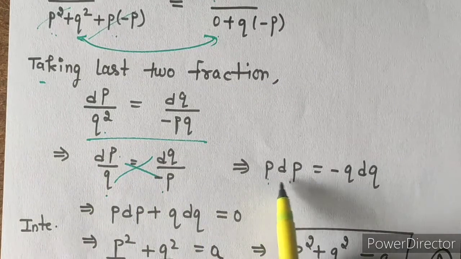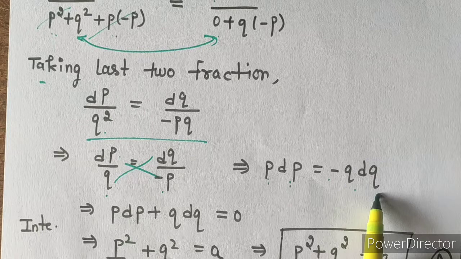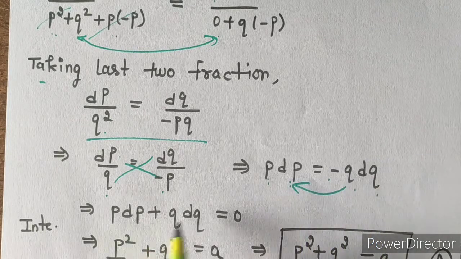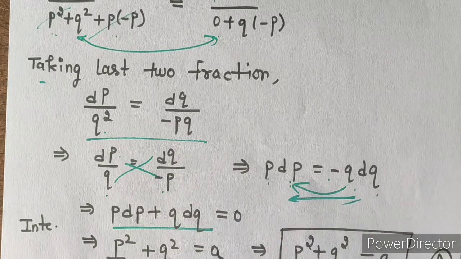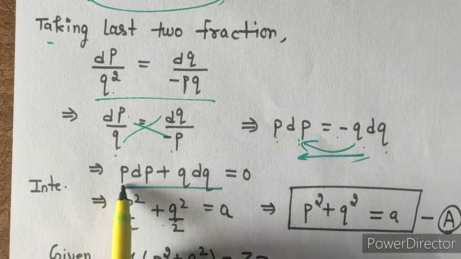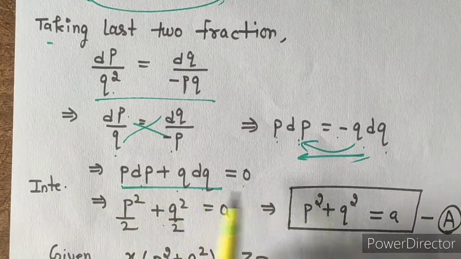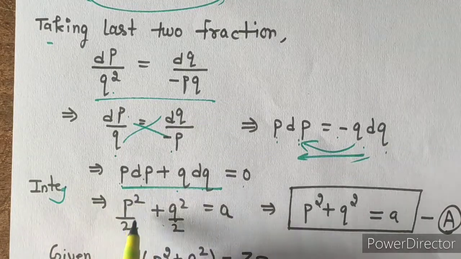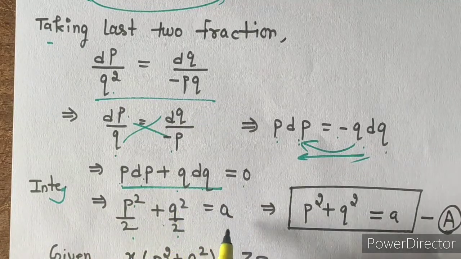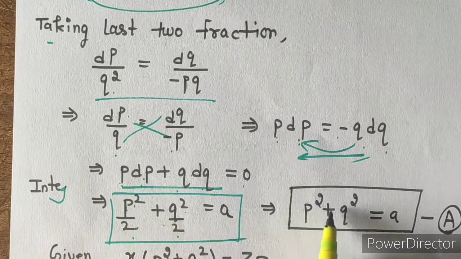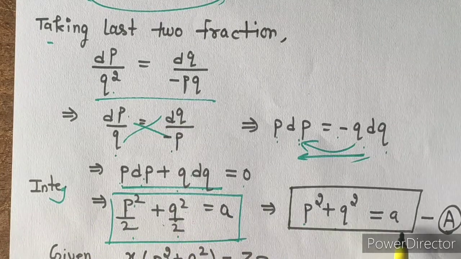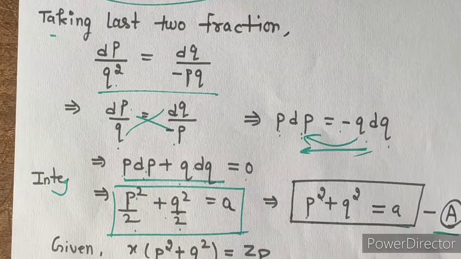Cross multiplication gives p dp equal to −q dq. Taking the right hand side to the left, p dp + q dq = 0, and integrating, p²/2 + q²/2 = a. After taking the LCM, this becomes p² + q² = a. This equation is named equation 1.